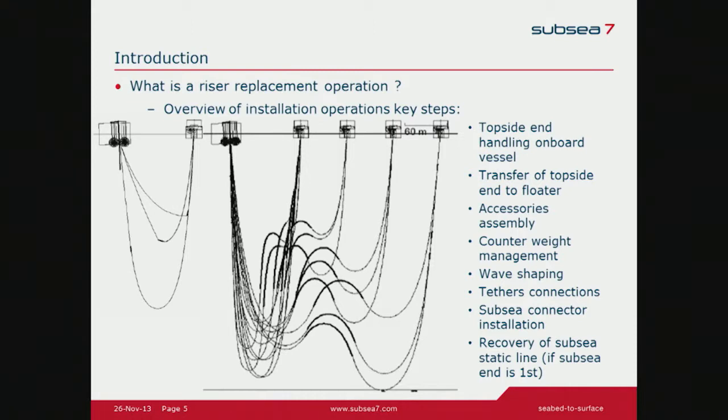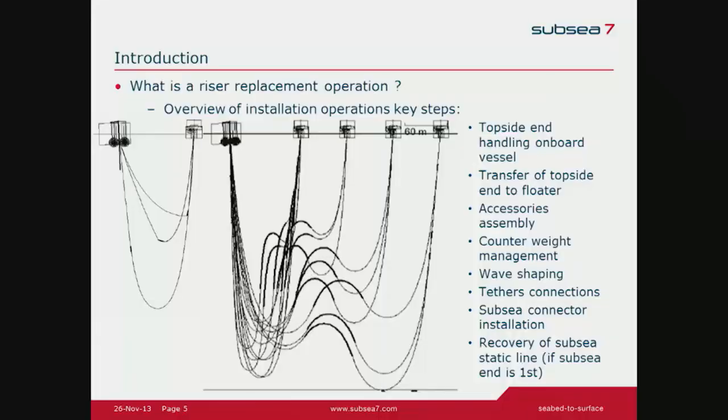So topside end handling on board the vessel is the first step, and then we transfer the topside end to the floater with the pull-in wire. Accessories assembly on board, like buoyancy modules and friction clamps. Counterweight management in order to manage the buoyancy section well, to get it as flat as possible and avoid compression on the topside.